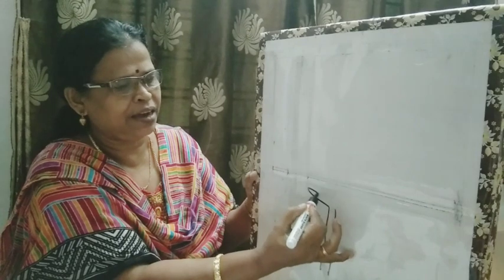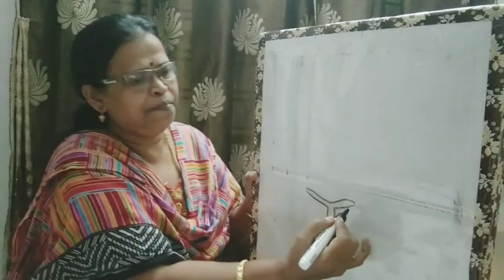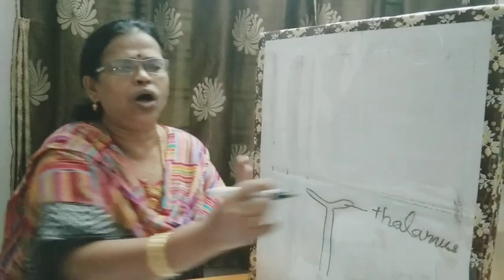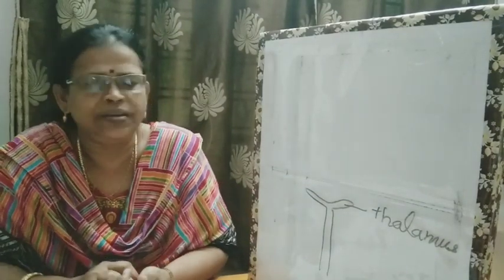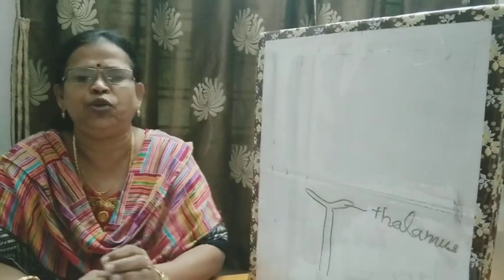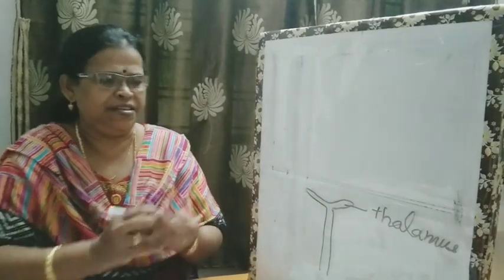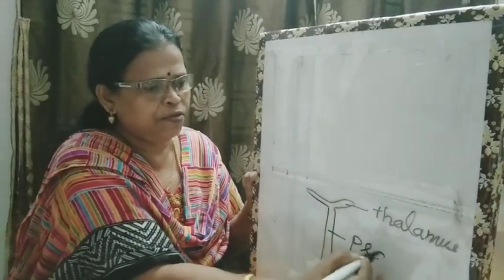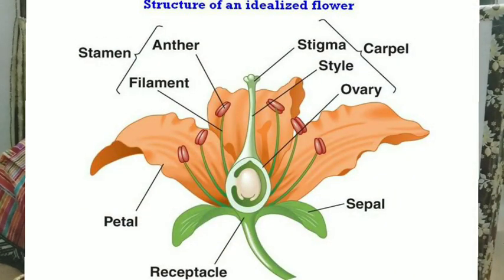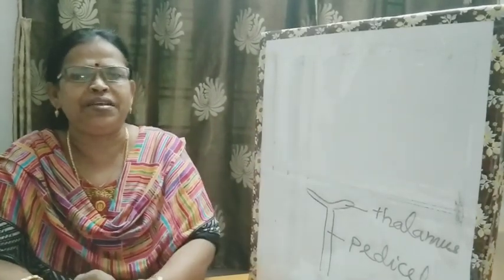The expanded part is called thalamus or receptacle, and it is cup shaped. So at the top of this pedicel, the thalamus is cup shaped. The flower parts are borne on the thalamus.